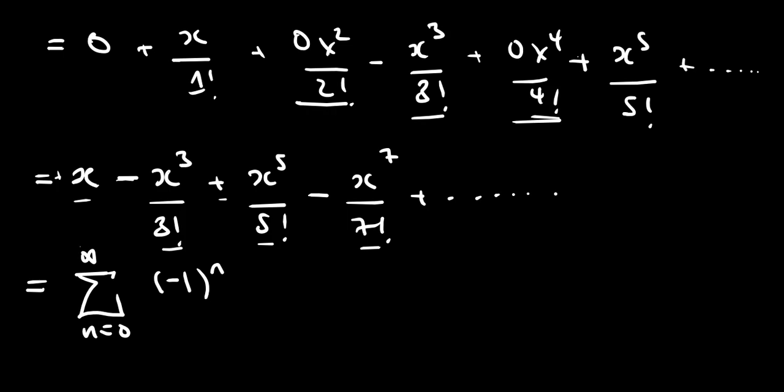Then I must now consider this x variable. So the x variable, the first one I just have x, then it's going in odd powers. So from this is 1, then it's going 3, 5, 7. And there's a difference of 2 between the odd powers.